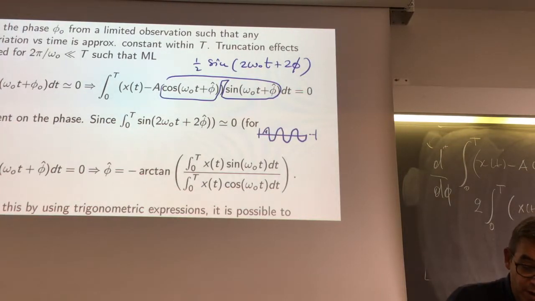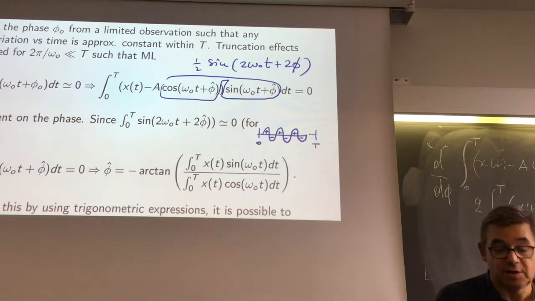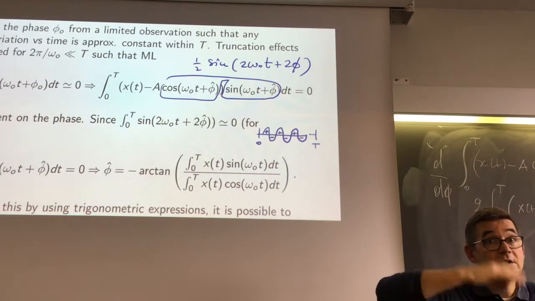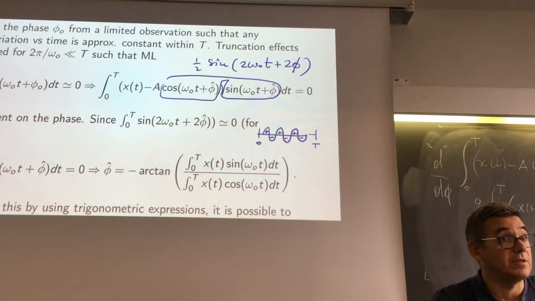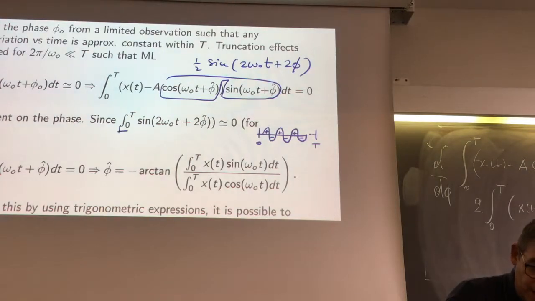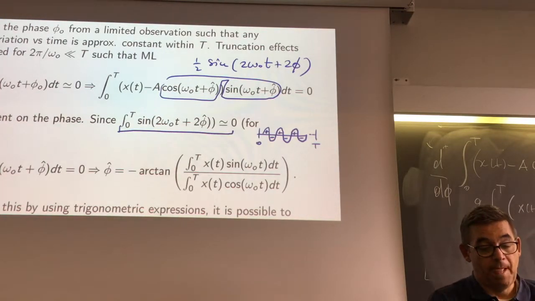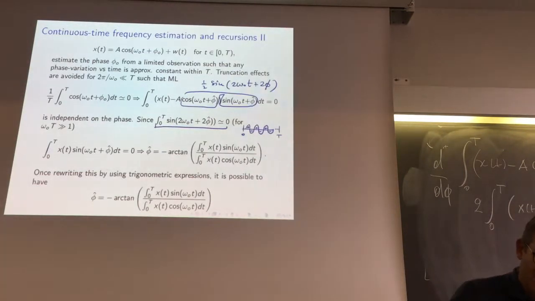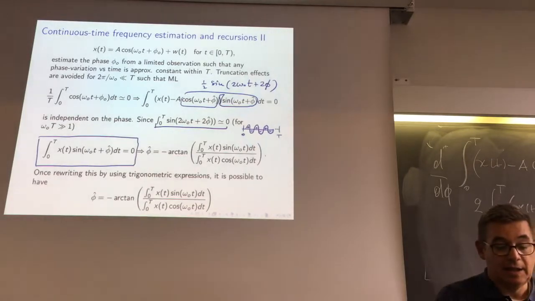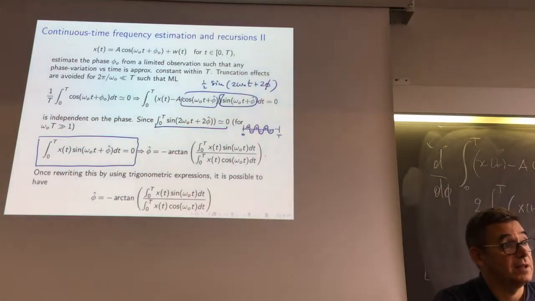So I have a positive area, negative area, positive area, negative area, and so on. If my interval 0 to T is very large, summing all these positive and negative areas, in the mean, is 0. This justifies the approximation. So using this approximation, it comes out that my estimator is represented by this equation, which is implicit.